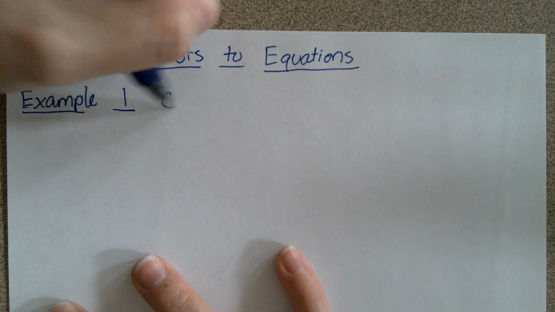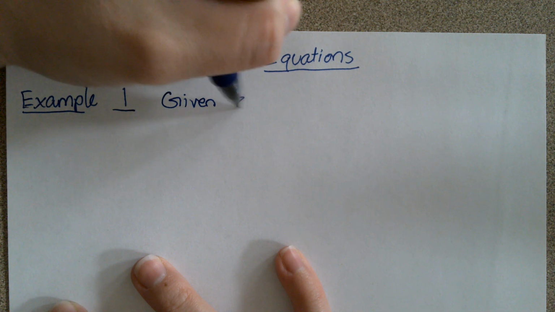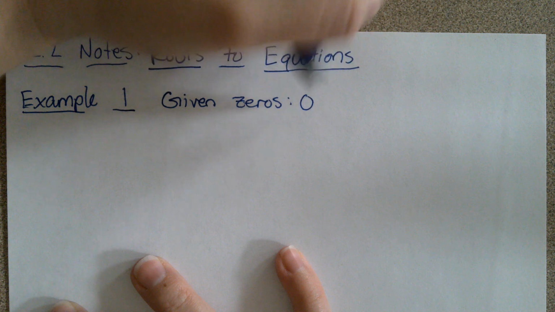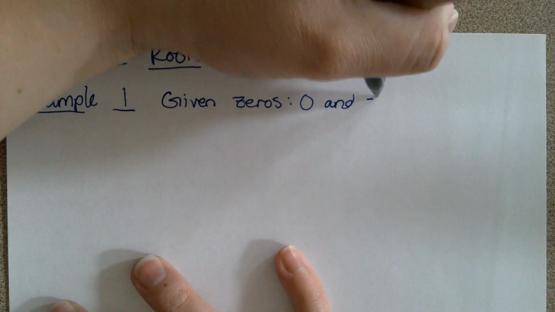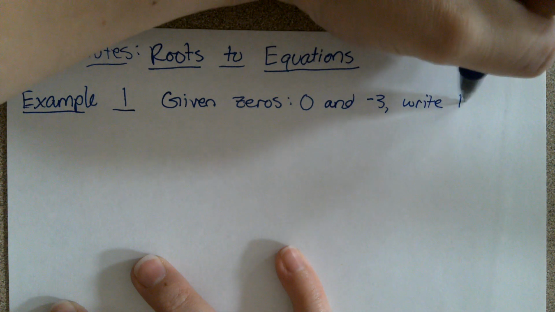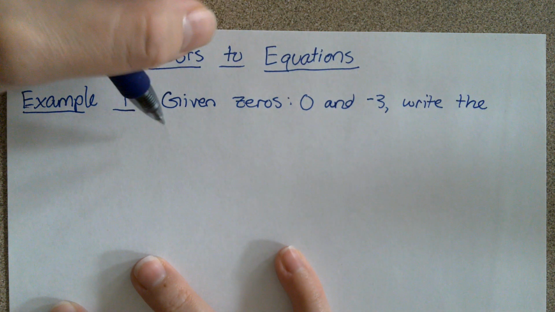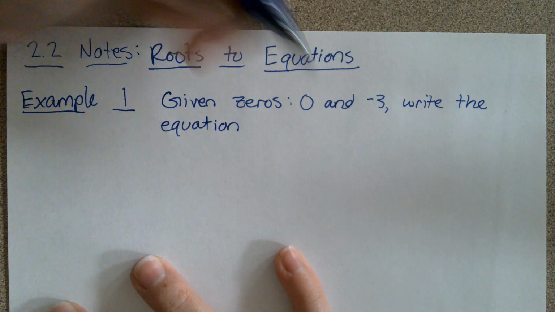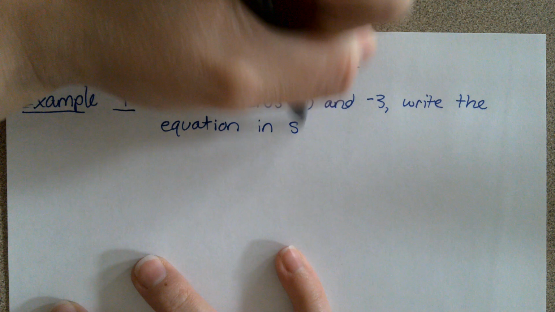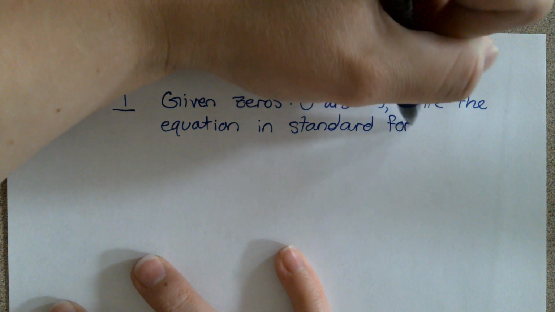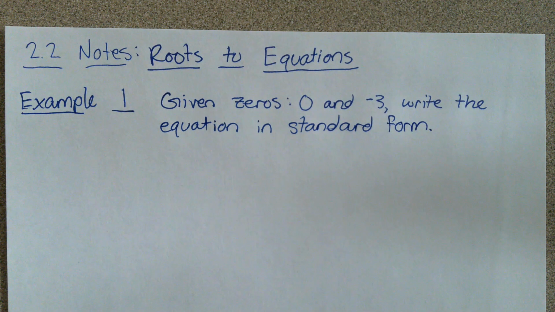Example 1, given zeros 0 and -3, write the equation in standard form. And what I mean by standard form, I don't actually mean vertex form.